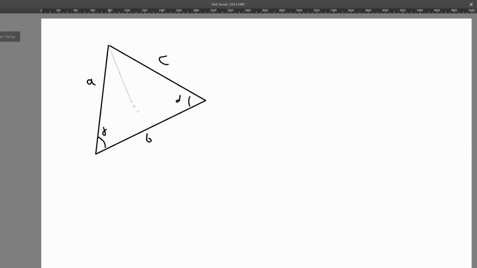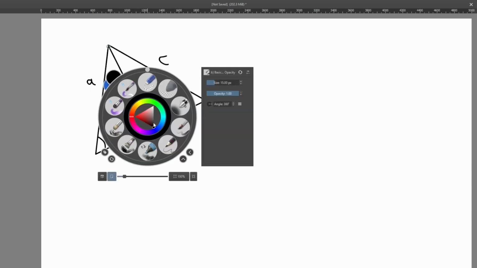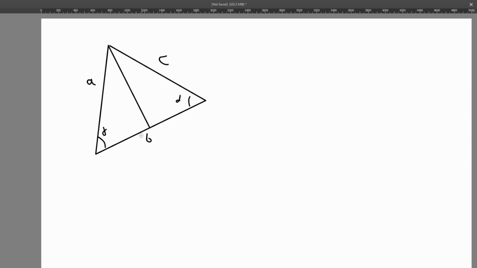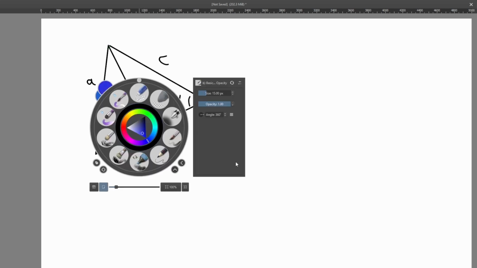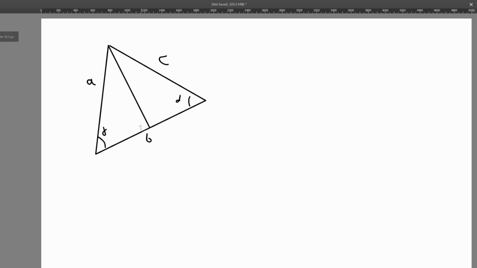Now what I'm going to do is I'm going to draw the height from this point, and let's get a different color. So this angle is going to be 90 degrees, and so is this angle.